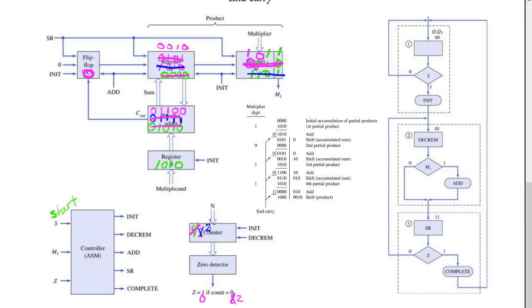Decrement comes out, hits this. That's now a 1. We look at M1. M1's value now is a 1. 1 comes in right here and means add. Add hits here, and we copy this purple 0 over to here, and we load 1100 into here. The minute that happens, this number right here changes, but it's not being looked at. So we go down here to state 3.